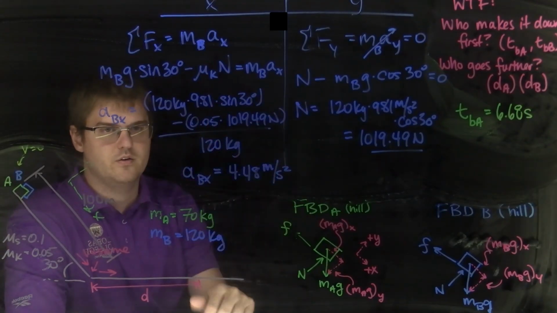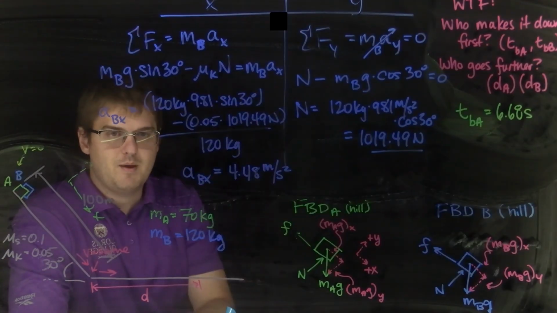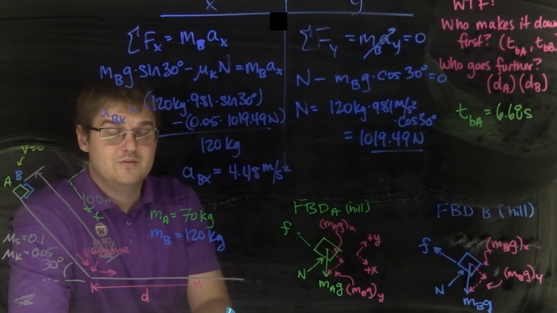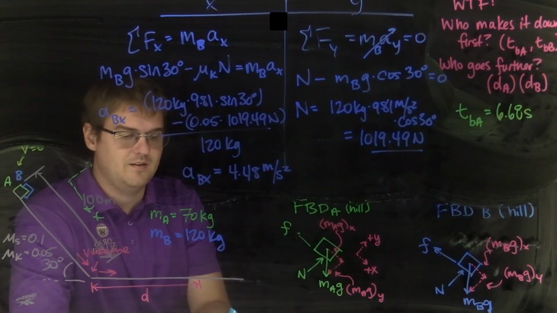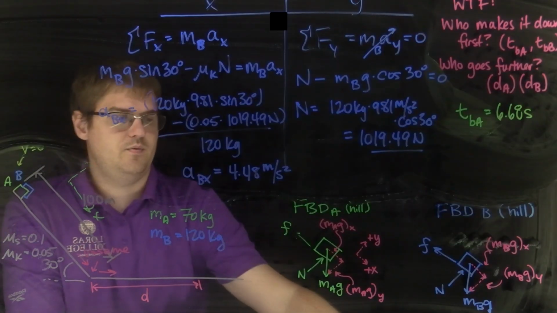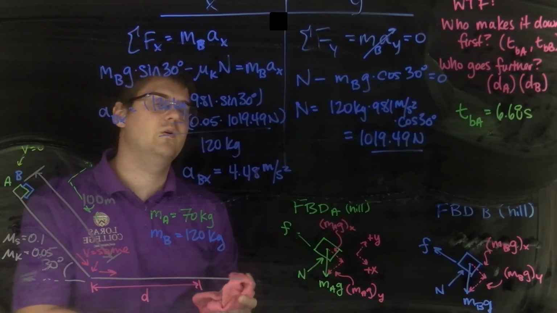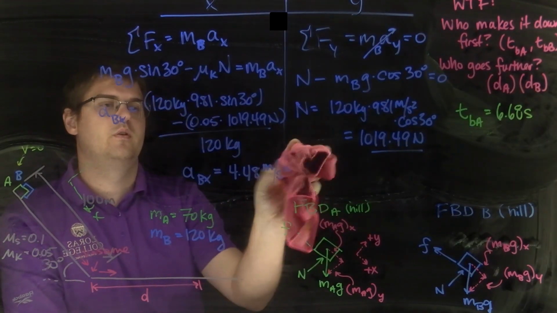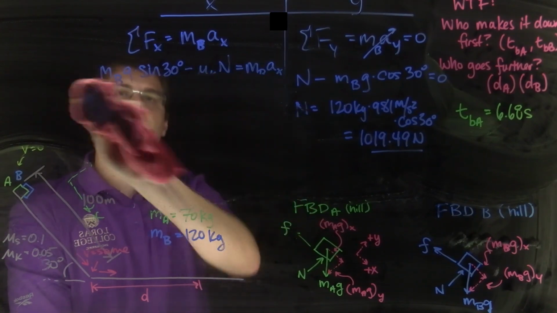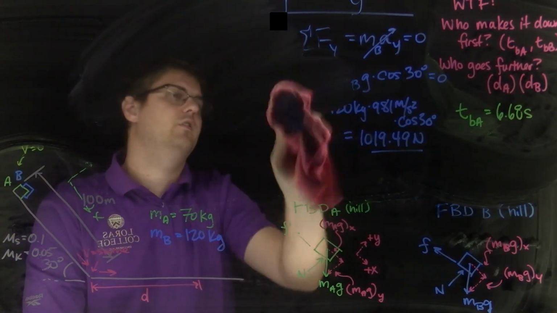I've got a mass B here. If I divide everything by mass B, it just comes out of the equation. It ends up being exactly the same. The mass of the person is not actually playing any role in how fast they're going down. Everything comes out of the equation.